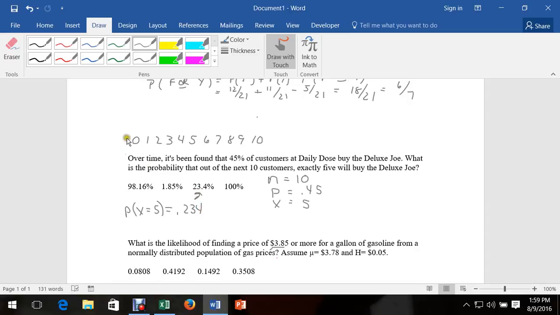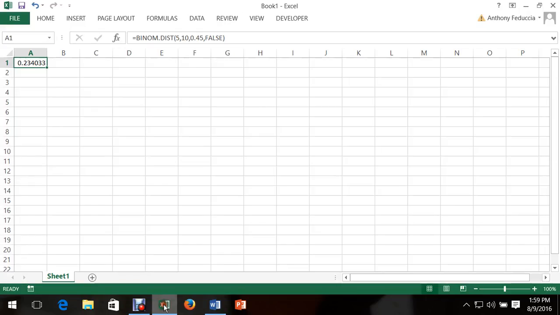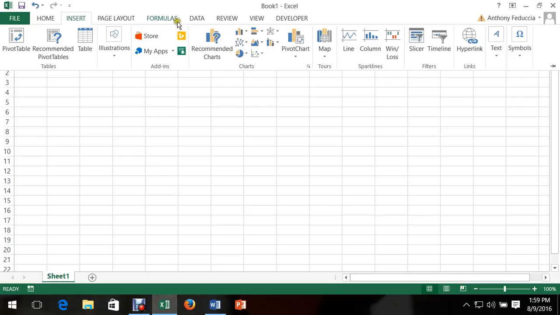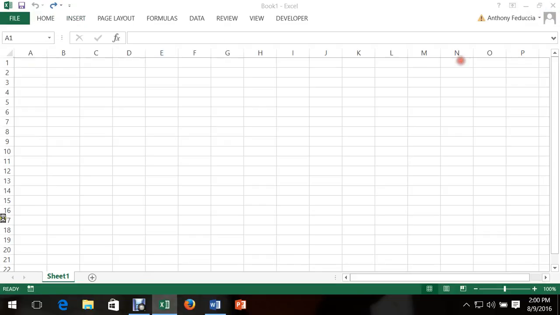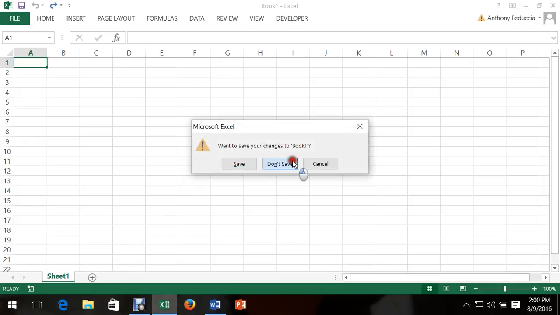Now, suppose we wanted the probability of 5 or less, in other words, this right here. Well, then what we would have done is gone into our binomial distribution once again, and instead of putting in false, we could have put in true. So let's go back here.